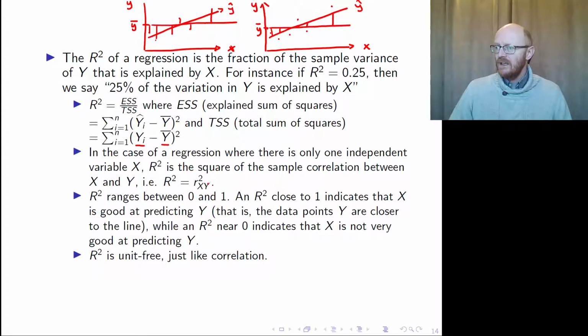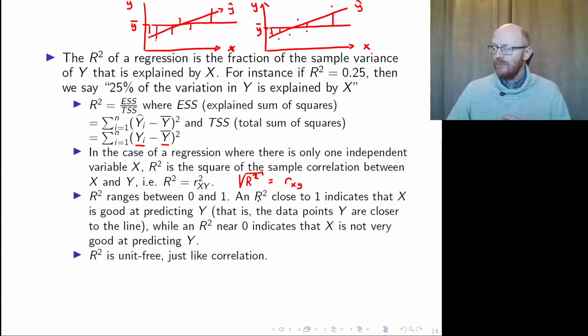So if you take the square root of the R squared, it would be the sample correlation between x and y. And because of this mathematical setup, the R squared ranges from 0 to 1, or 0 to 100%.